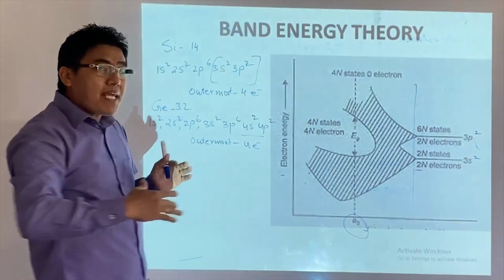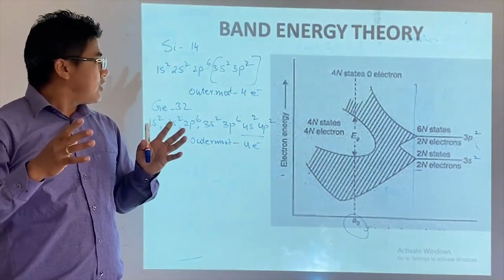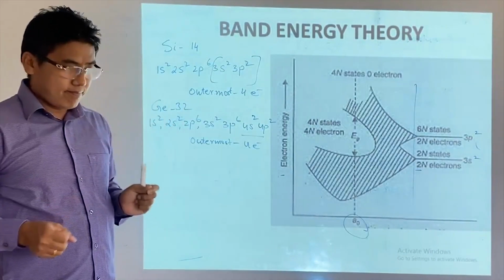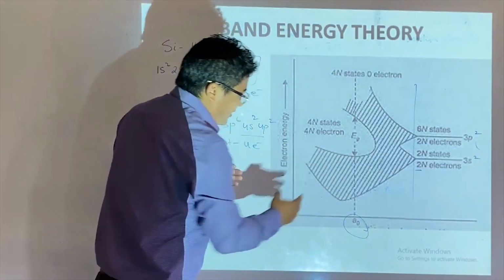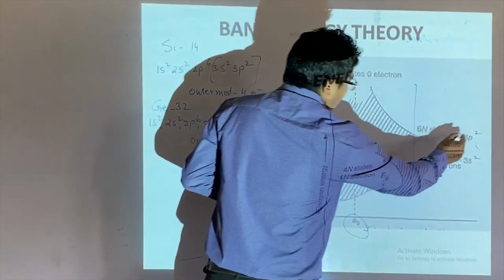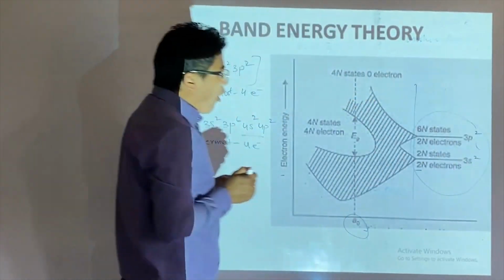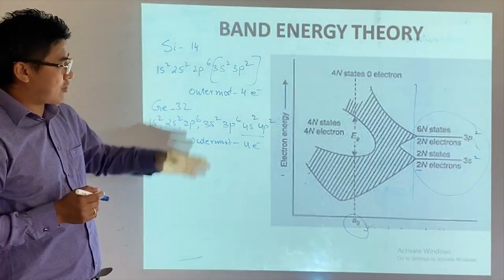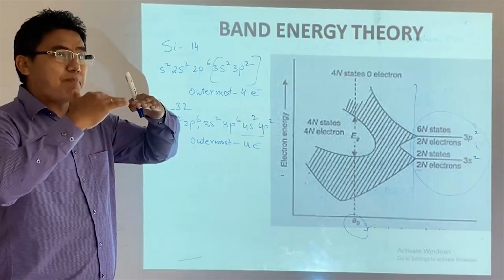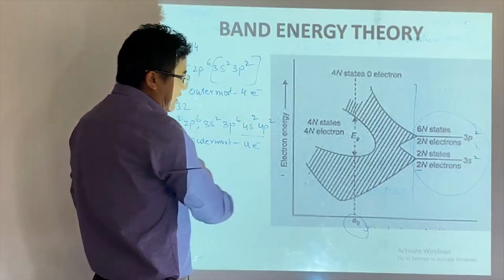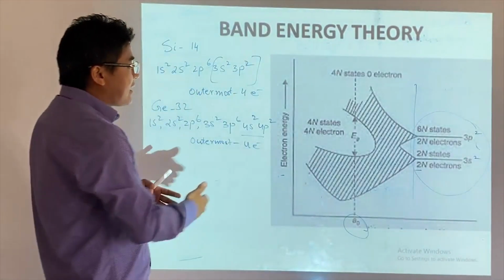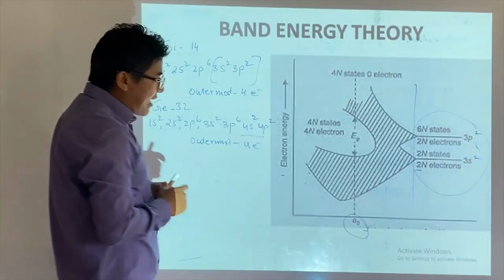If I bring all the silicon atoms to the distance of the crystal lattice, a0, what happens is that the outermost shell having 4 electrons, 2 in s plus 2 in p, gets split into 2 energy bands. That is what we call the valence band, and this is called the conduction band.